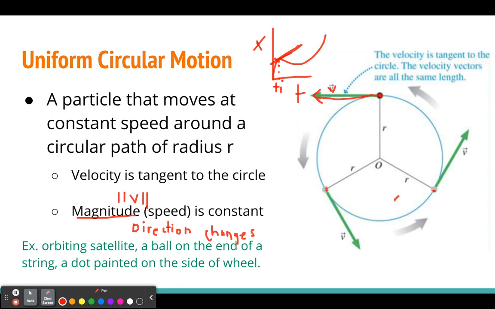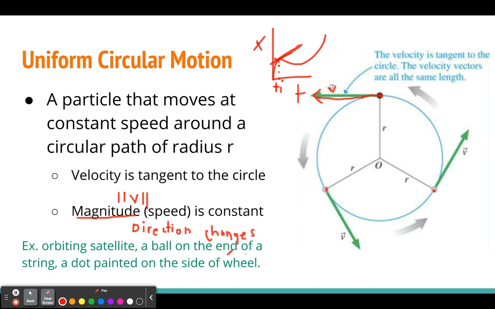Typically in nature, we see this when we have an object such as a stopper or a ball at the end of a string, and we rotate that string around our head. If you were to paint a dot on your bicycle wheel and spin that wheel at a constant or consistent rate.